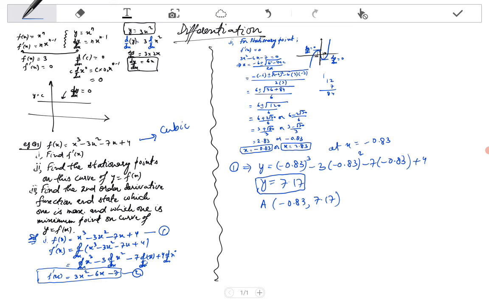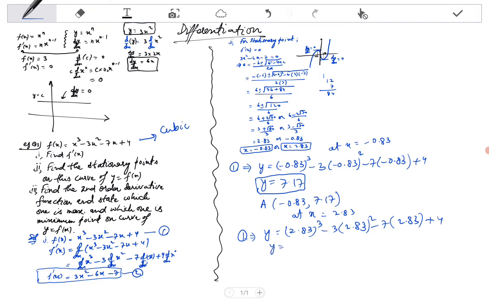And now I can find the other point at x equals 2.83. Similarly, with the help of equation number 1, y equals 2.83 whole cube minus 3 times 2.83 squared minus 7 times 2.83 plus 4. You can see equation number 1 and you are substituting here, so the reference should be put earlier, then the implies sign should be placed, then you put the values in the equation and finally conclude your answer.